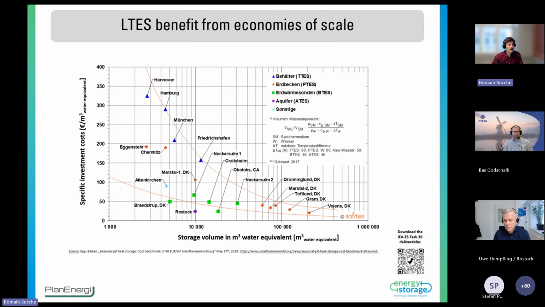Now I'm just going to go through, and check with you, the economy of scale that LTES can benefit from, which is an interesting dynamic and which applies to the different LTES technologies.